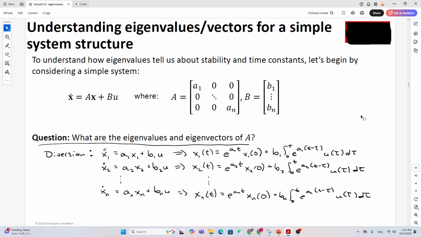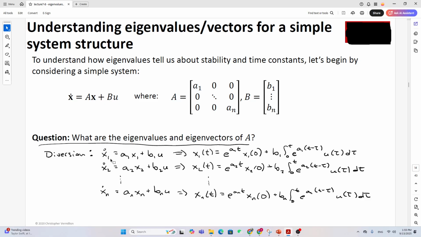Let's start from a very easy, simple system where all of the states are decoupled. As you can see, your A matrix has each single state only, with no other coupled states. You have only a1 in the first row, only a2 in the second row, which is a square matrix and also a diagonal square matrix.